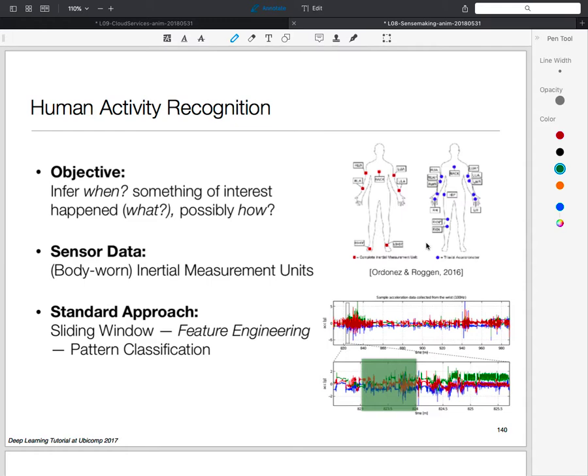So standard approach: sliding window, feature engineering. We had this whole approach of letting the system find which of those 560 plus features were the good ones. And then we learned the weights and did the pattern classification.